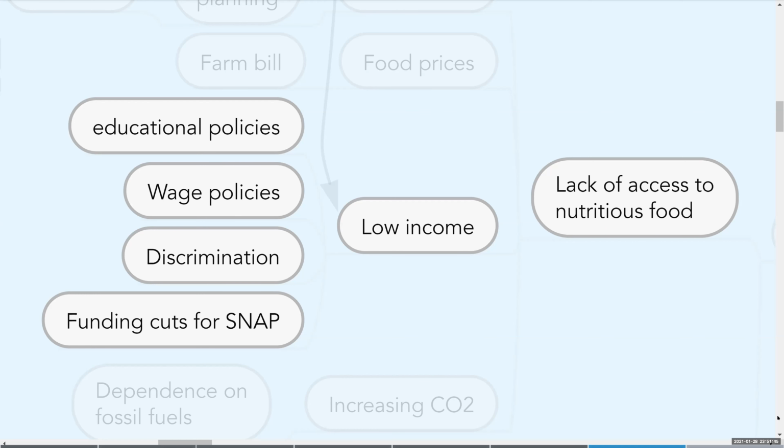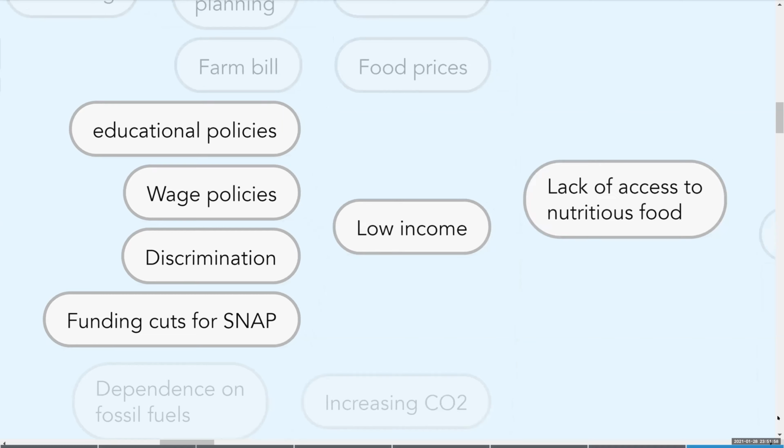And then maybe because there were funding cuts. So even though they're low income, why can't they afford food? Because there were funding cuts for SNAP. So despite being low income, they might only get 20 bucks a month. So this is how you kind of go through it.